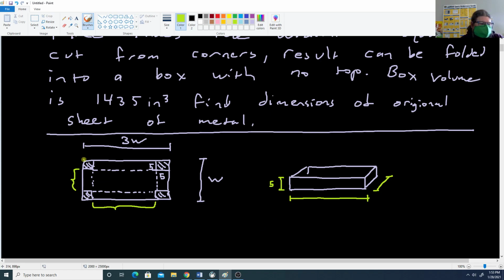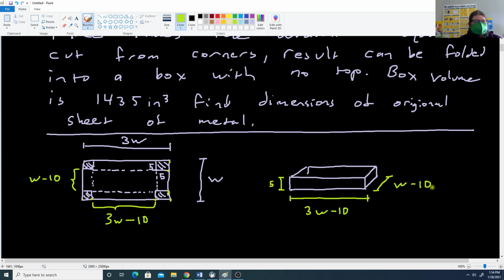If the length of the overall sheet is 3W, and we come in 5 inches here and 5 inches there, then what we really have is 3W minus 10 for the length of this interior part, which will become the length of the new box. If the width here is W, and we move in 5 inches there and 5 inches there, we'll get W minus 10 for the width of that box.